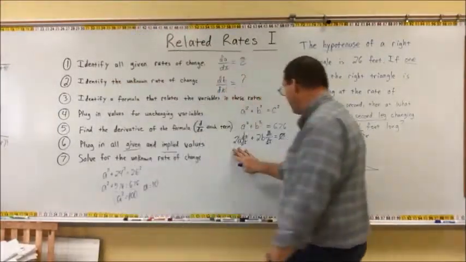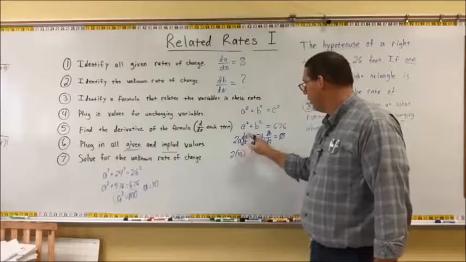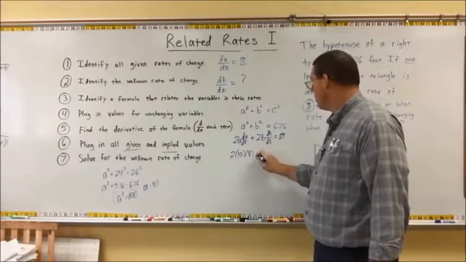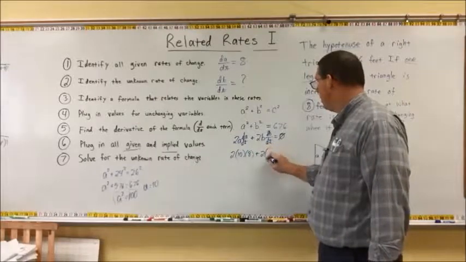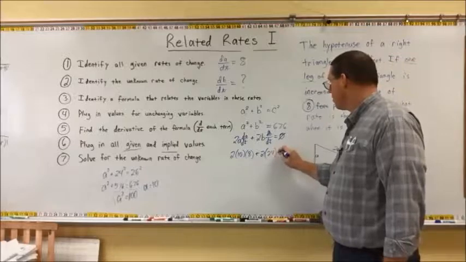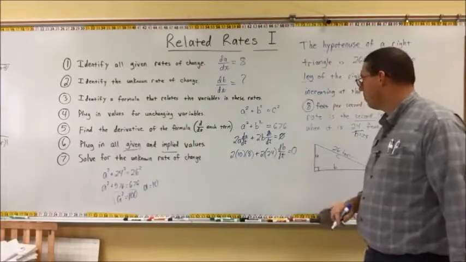So now for step 6, we have 2 times 10, dA dt is 8, plus 2 times B, B is 24, times dB dt is equal to 0.